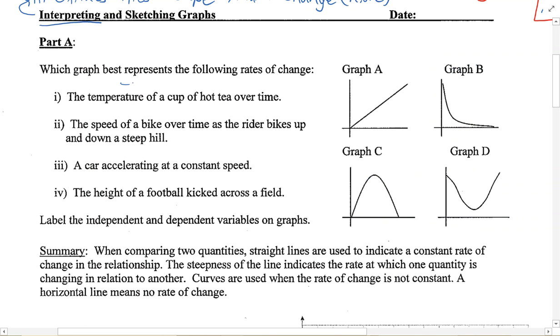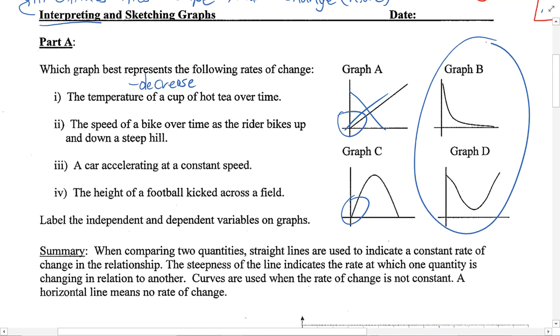Number one, it will decrease right away. Okay, so you're going to see the temperature go from high to low. So we're not talking so much about the rate of change, but we're talking about the actual temperature. The actual temperature will start high and then it'll go low. So right away, it's not graph A because that starts low. And it's not graph C because that starts low. So process of elimination, it's one of those two.